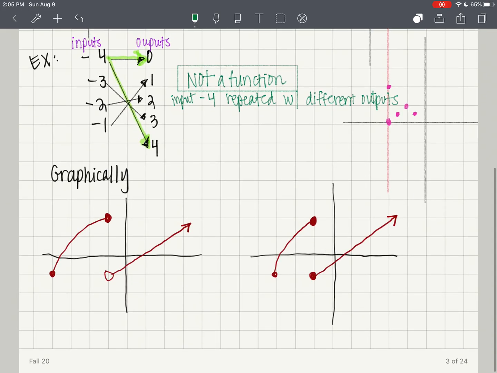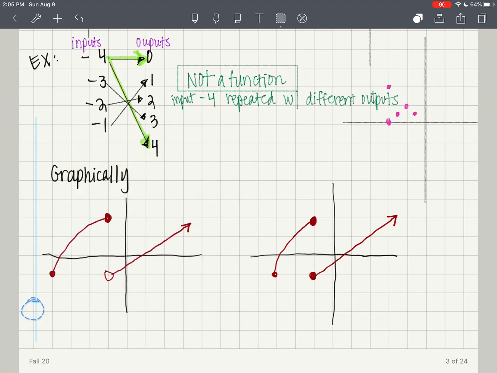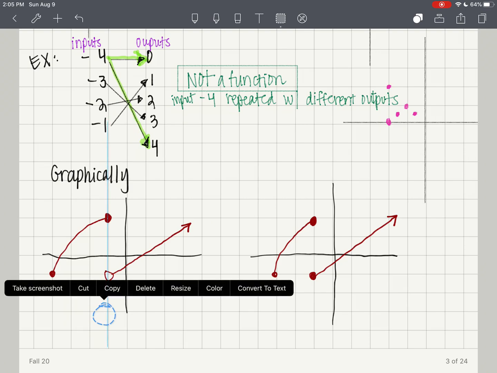Graphically, we're going to take that vertical line test and try these graphically. I'm going to move from left to right because that's how I normally go. I'll make it blue so it looks different than the red. You can see this blue passes, it passes, it passes, it passes. It's continuing to pass. And then it gets here. Right here, it also passes. I'm going to explain that.